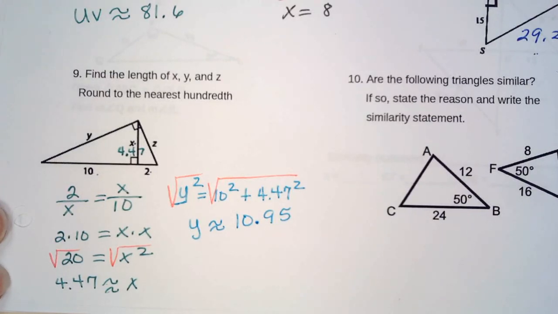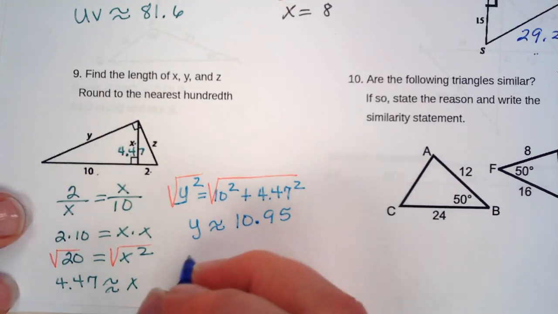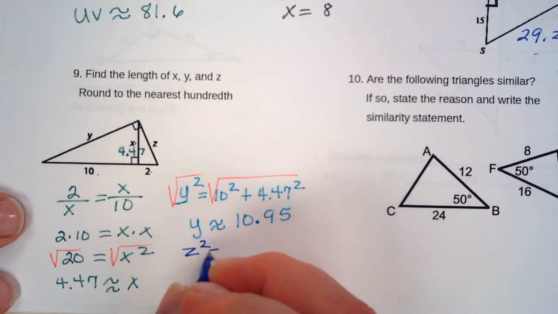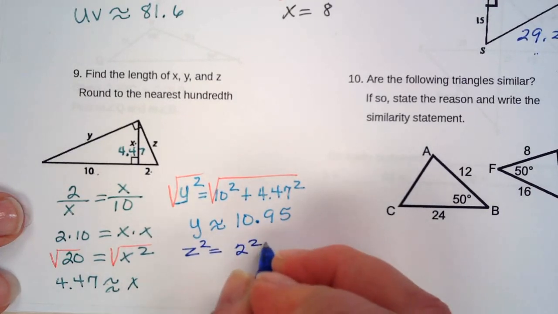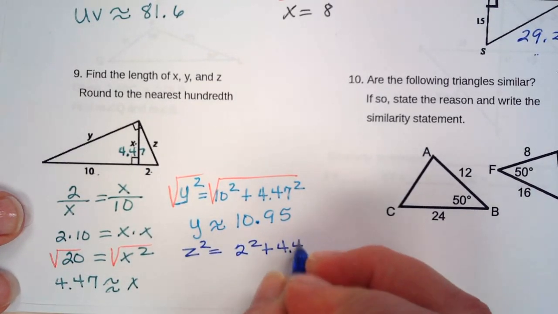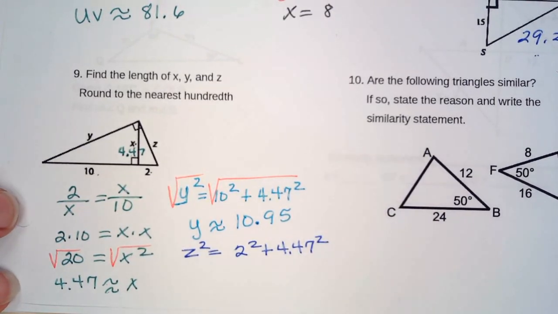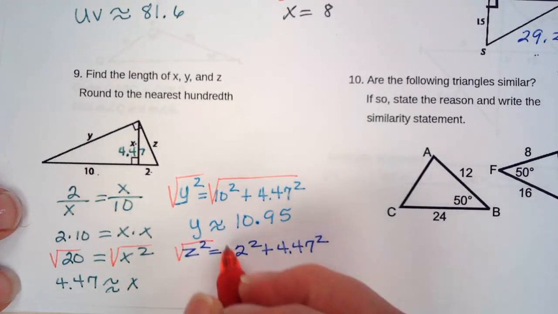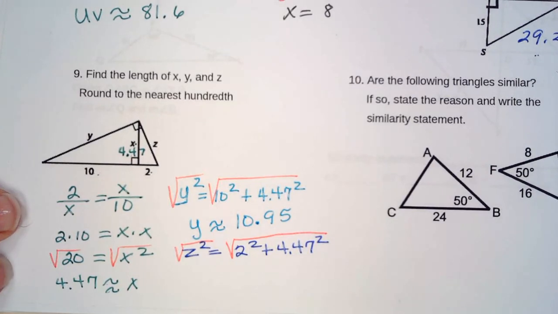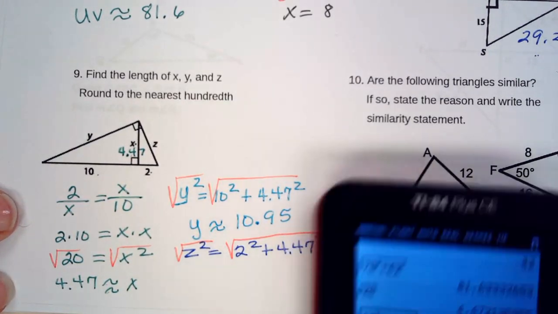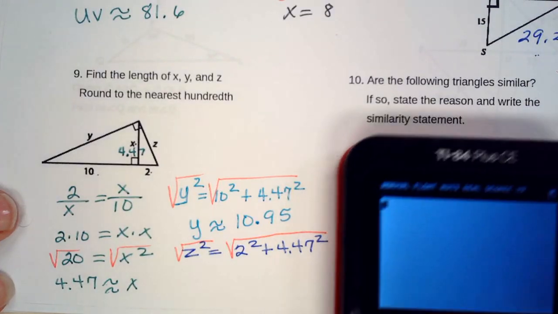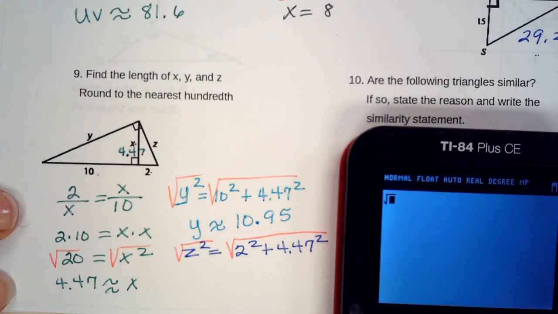Same thing is going to happen for z. We know that z squared is going to be equal to 2 squared plus 4.47 squared. The opposite of squaring is square rooting. Putting it in the calculator all in one step is the square root of 2 squared plus 4.47 squared.